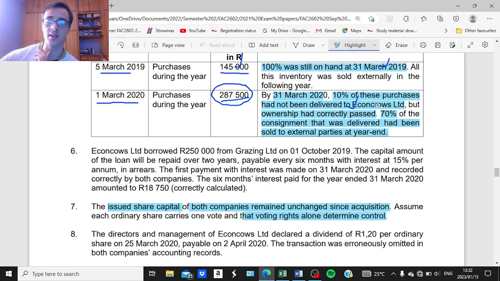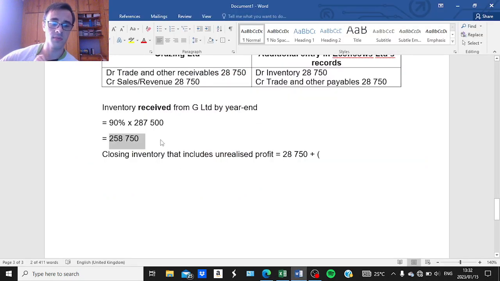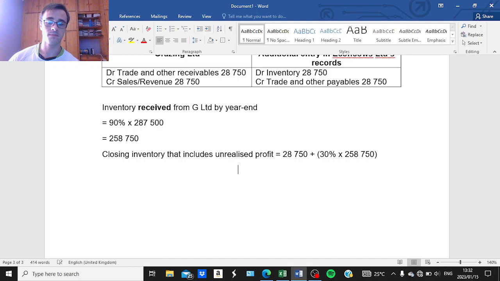Only 70% of that consignment has been sold. So 30% remains in closing inventory and includes unrealized profit. All right. So the total value of closing inventory that includes unrealized profit that we need to eliminate for consolidation purposes is 106,375 Rand.